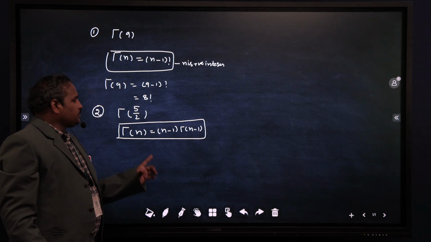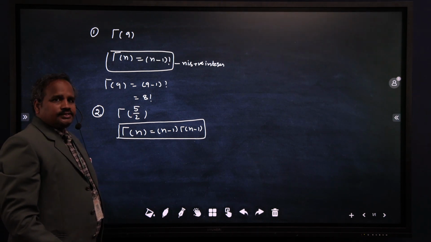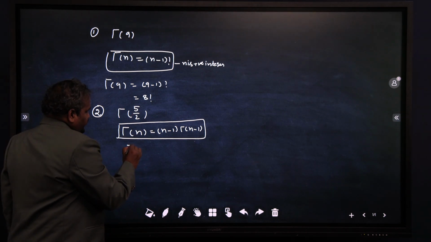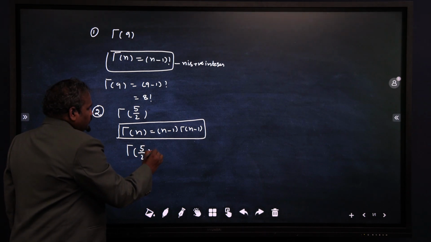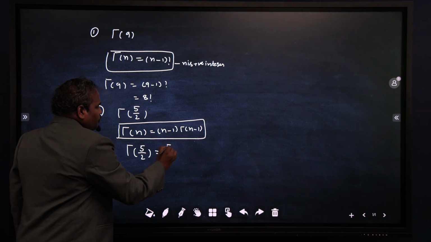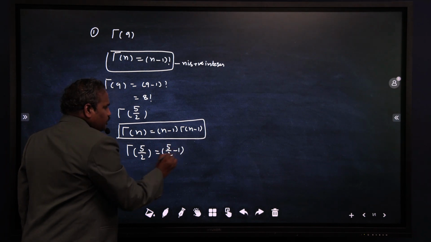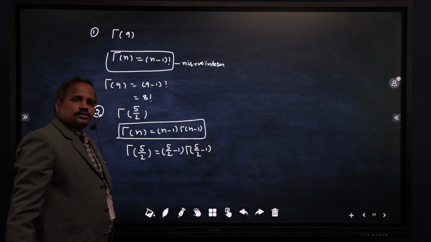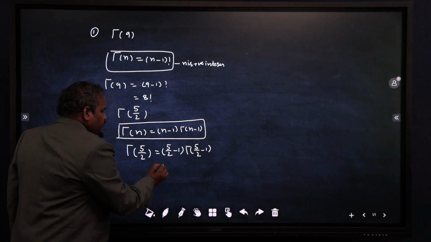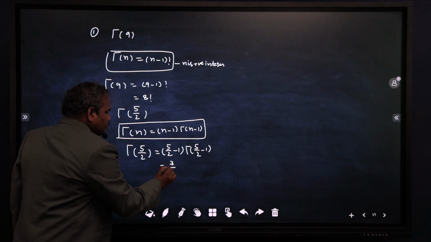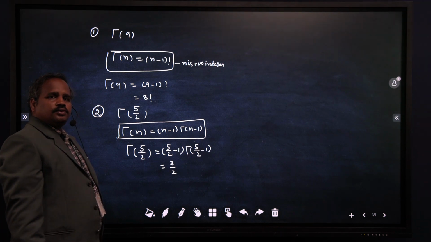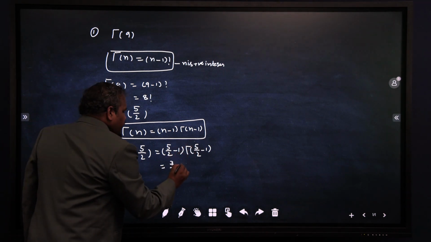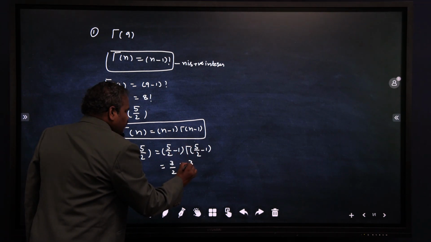Here the n value is 5 by 2. Substitute n as 5 by 2. Then this is 5 by 2 minus 1 into gamma of 5 by 2 minus 1. 5 by 2 minus 1 value is 3 by 2, so we get gamma of 3 by 2.